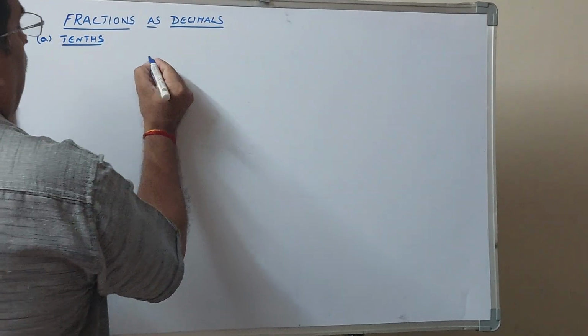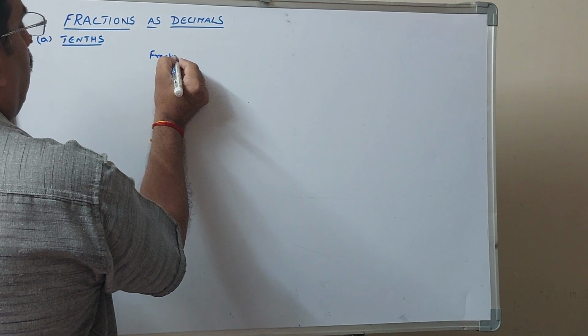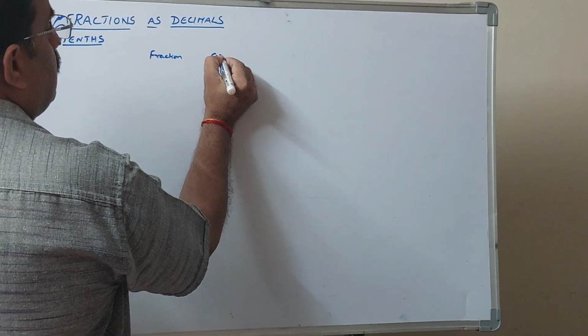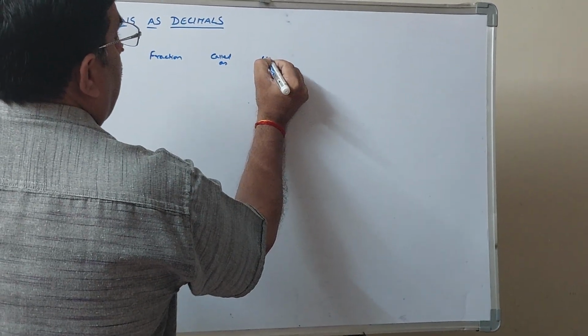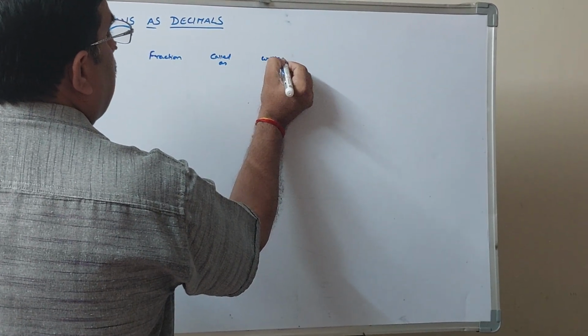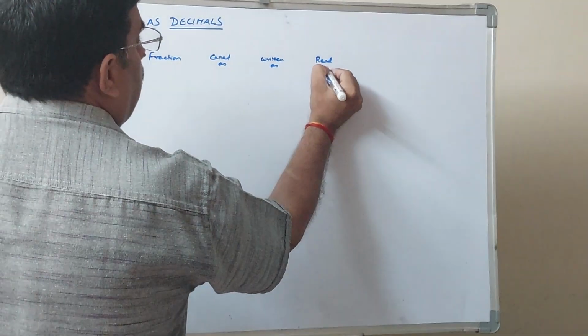See here, I will write the columns: fraction, called as, written as, read as. Okay.